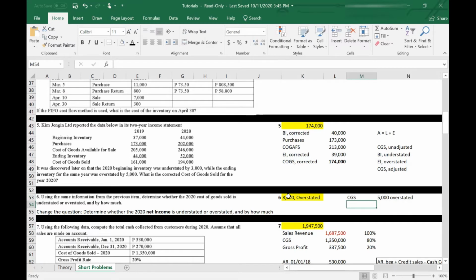What happens is your ending inventory before is rolled forward, carried over to the next period, such that if your ending inventory in 2019 was overstated by 5,000, it also goes to say that your beginning inventory in 2020 was overstated by 5,000. Again, if your beginning inventory is overstated, your cost of goods sold is overstated by 5,000 pesos.